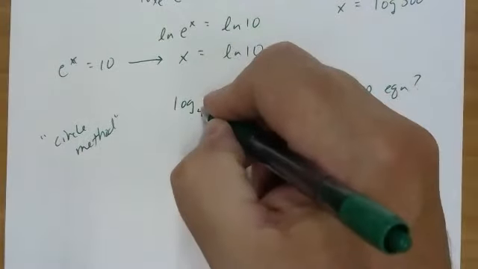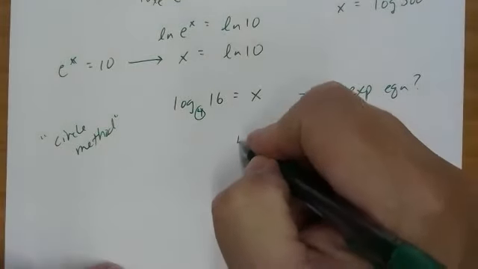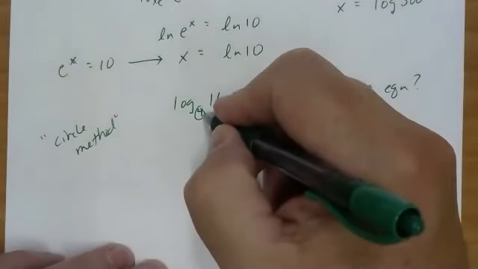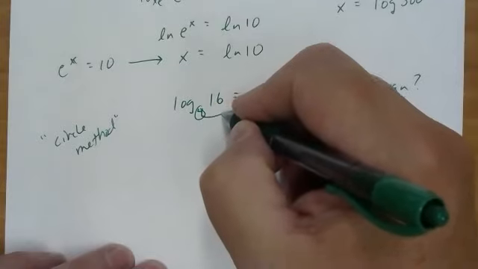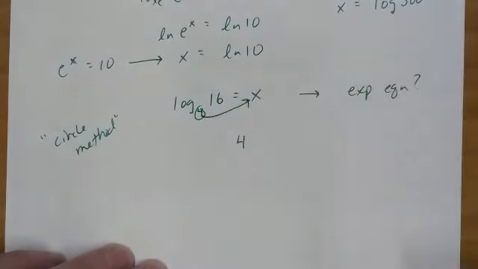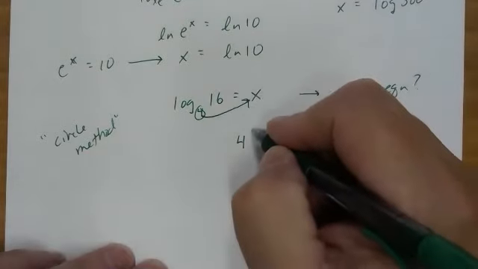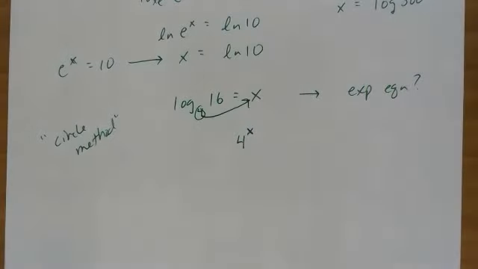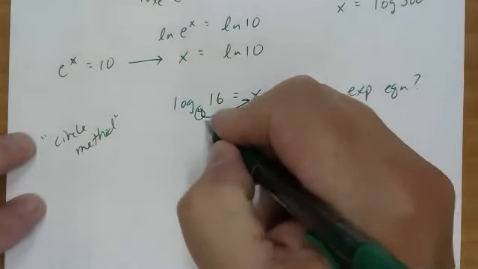You always start with the base of your log, and you write it just like a normal number. And then you go to the other side of your equation. You go across the equal sign, and whatever's on the other side becomes the exponent of what I just wrote down. So once again, you start with the base of your log, you write that as a number.